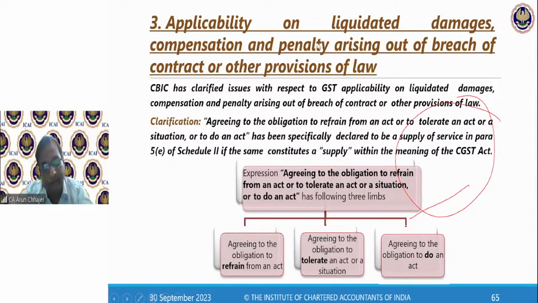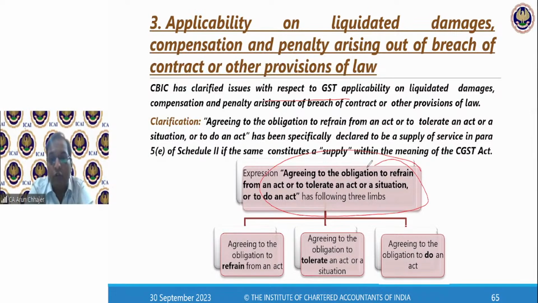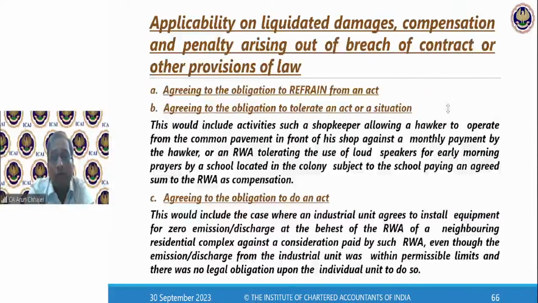Now, what is being clarified in this circular? That agreeing to the obligation to refrain from an act, to tolerate an act or situation, or to do an act.